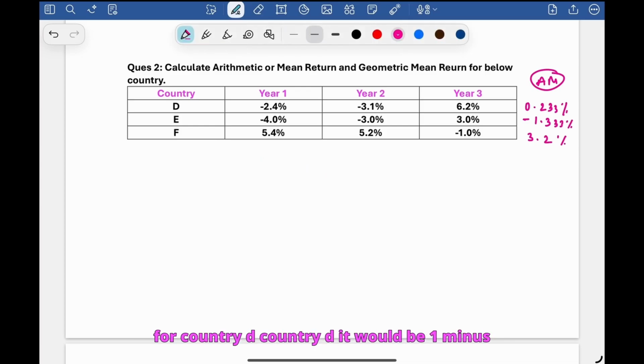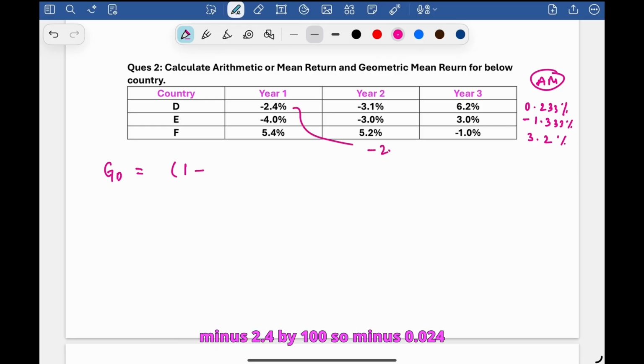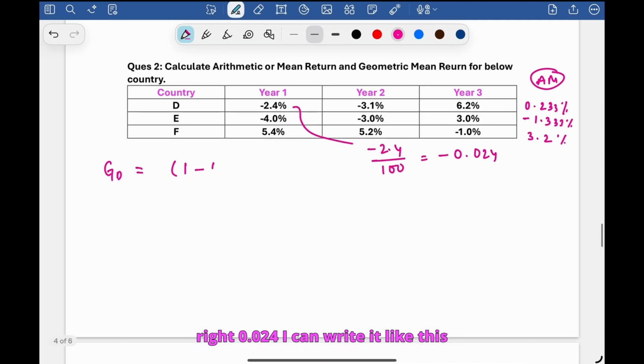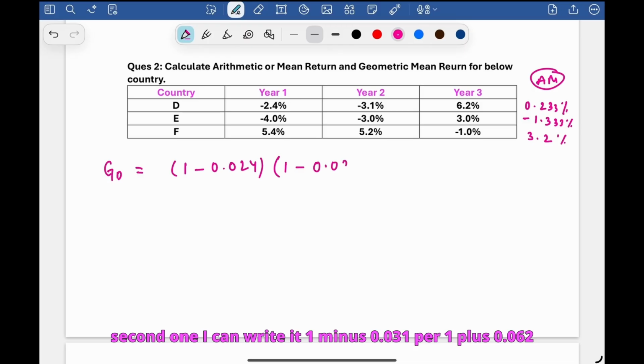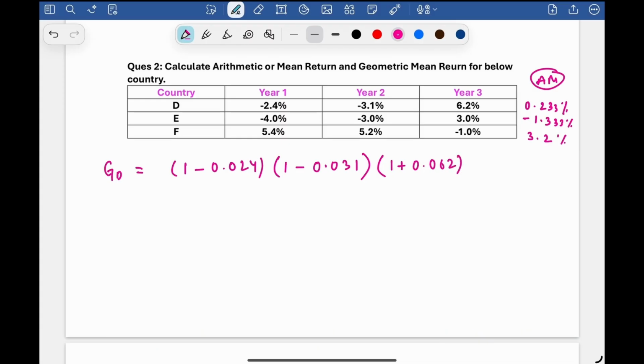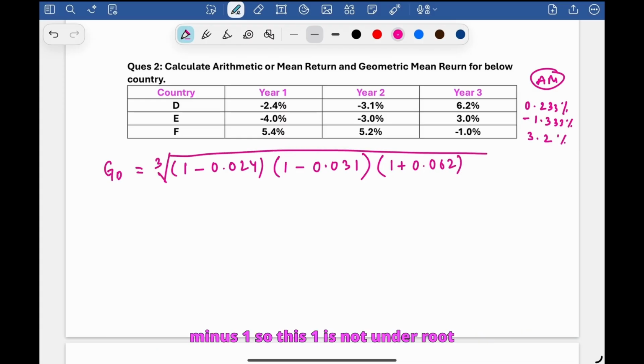Geometric mean for country D. I can write it like this: 1 minus 0.024, then 1 minus 0.031, then 1 plus 0.062, minus 1.